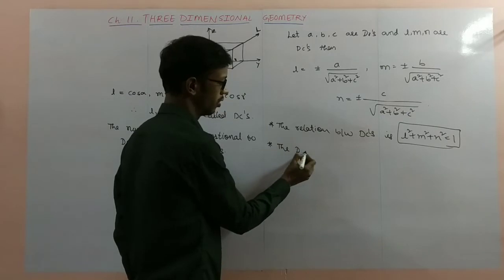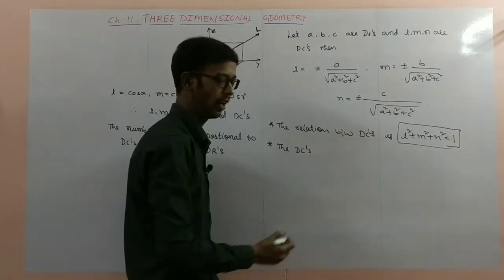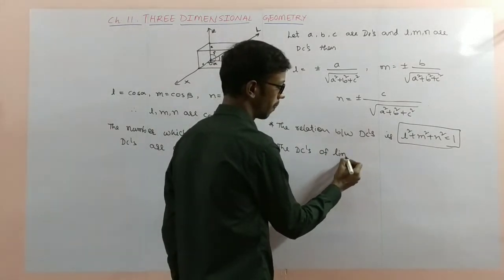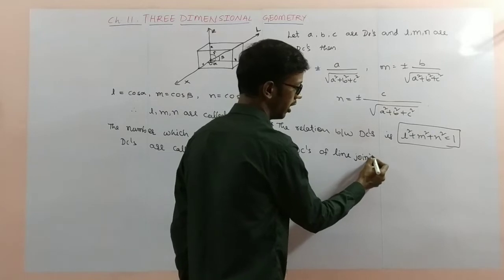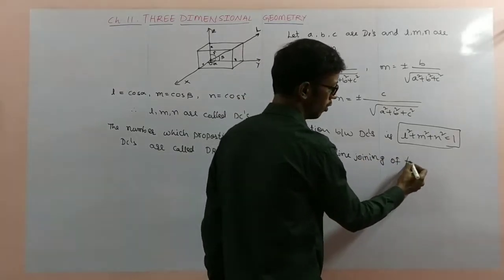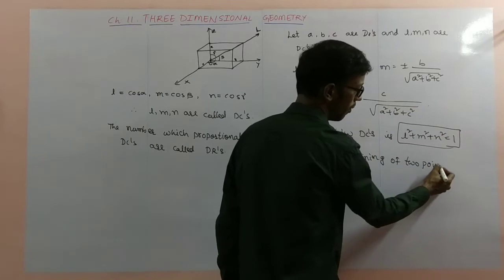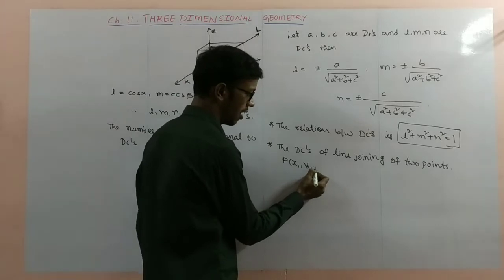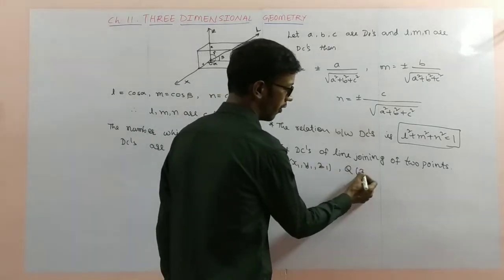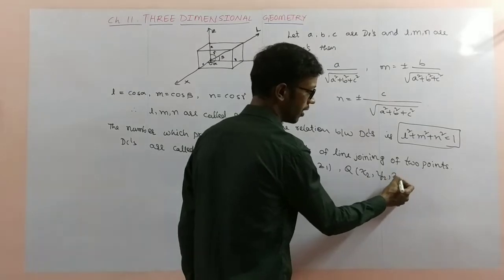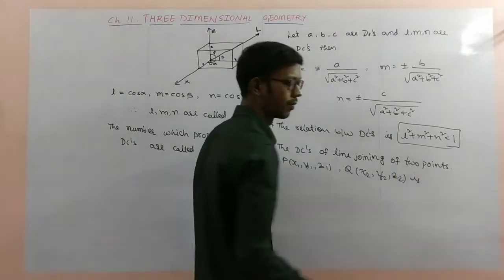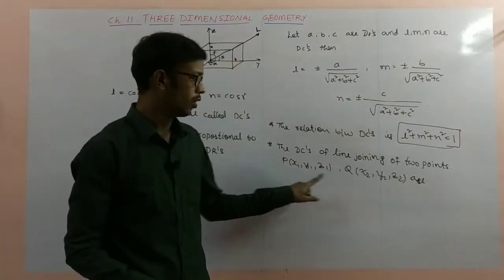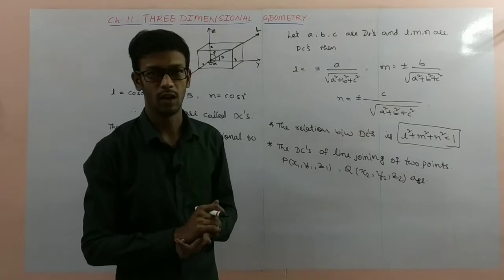The direction cosines of the line joining two points P(x1, y1, z1) and Q(x2, y2, z2) are: two points are given, direction cosines we have to find.